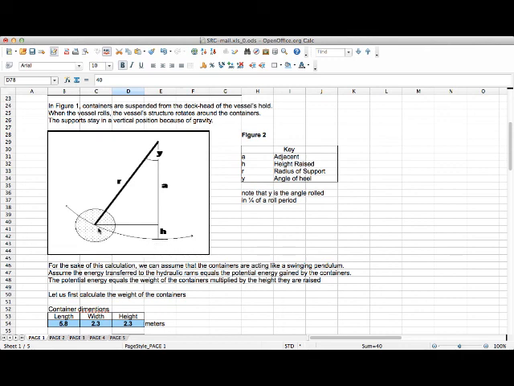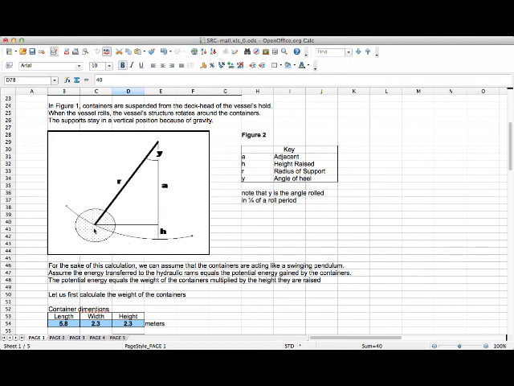So here is the weight here, right? And you can imagine this weight being the container. And it's swinging from side to side like this. And when it swings to one side, of course, it gets higher off the bottom of the ship.